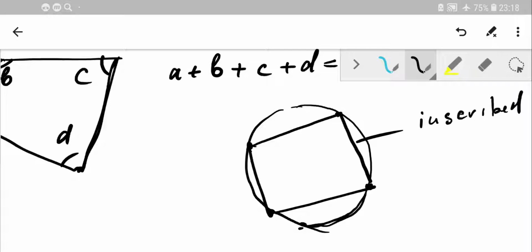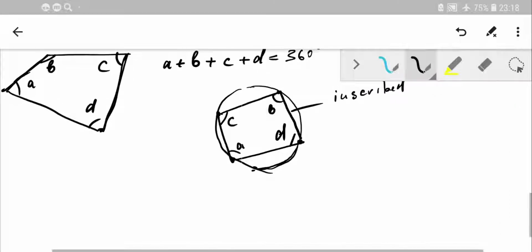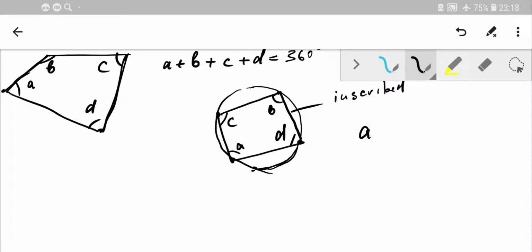So what about their angles? If I mark A, let's say B, and C and D. So here is the rule that A and B together will add up to 180 degrees. It's always only for cyclic quadrilaterals that are inside the circle. So the same we can say about C and D.